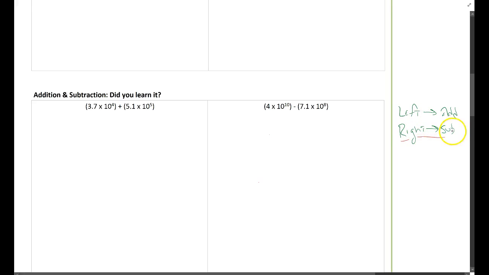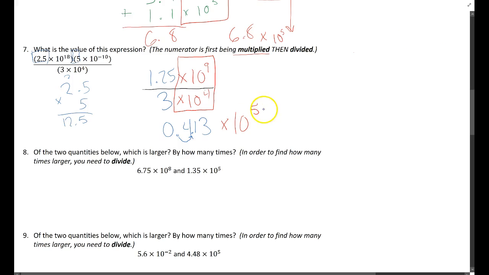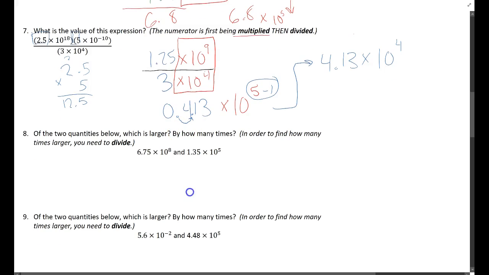To the right means subtract, minus 1. So I really am going to end up with, this is going to get a little weird, but I'm going to come up here just so you can see this transition of here moving to here. 4.13 times 10 to the 4, because I subtracted here, because I moved to the right with this decimal. Great.